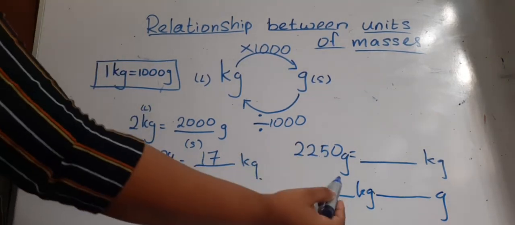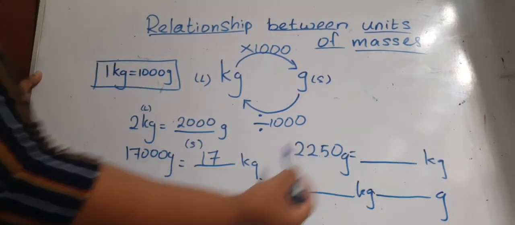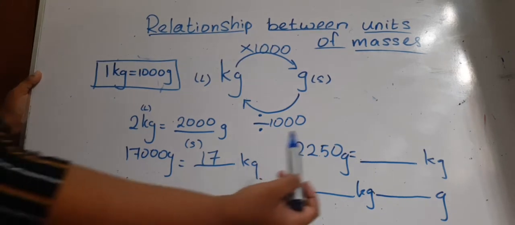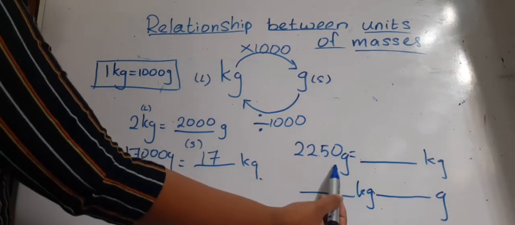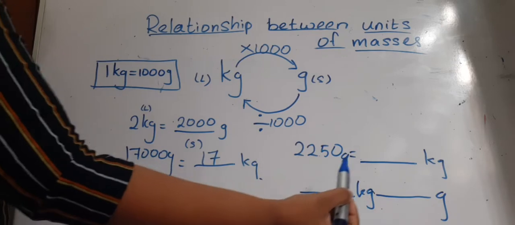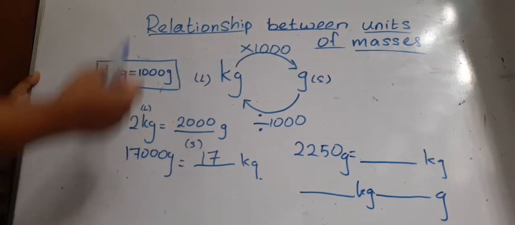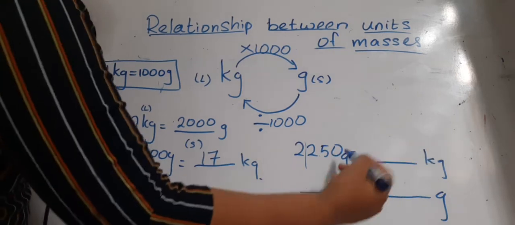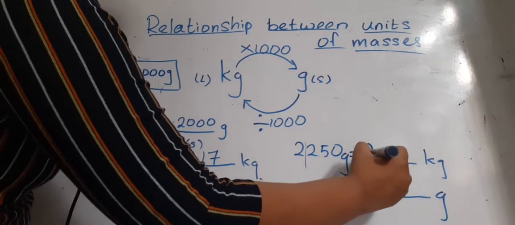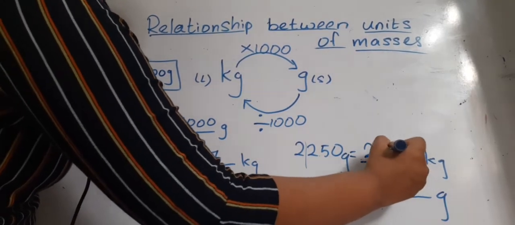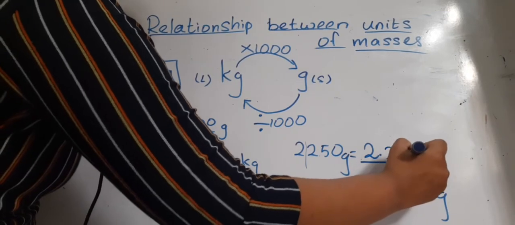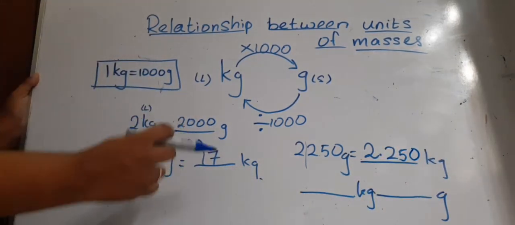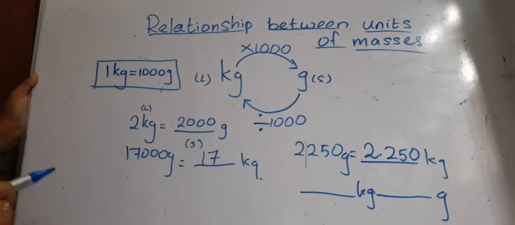Same thing, smaller unit to the larger unit, you have to divide by 1000. When you divide by 1000, in your previous lesson from first term, you might have learned that you have to place the decimal point here. So it's 2.250 kilograms.